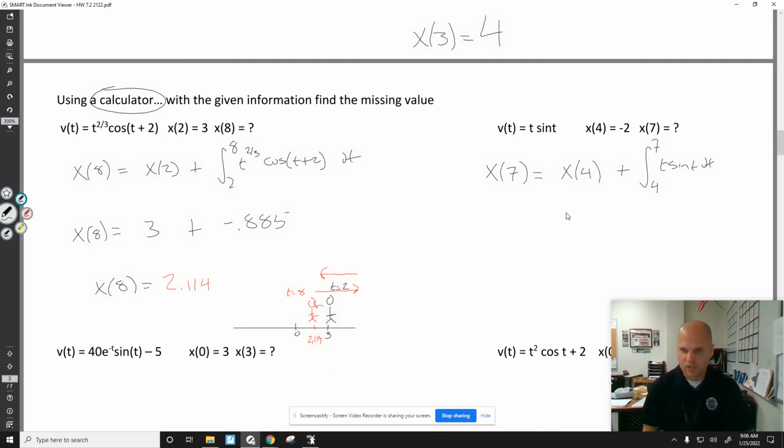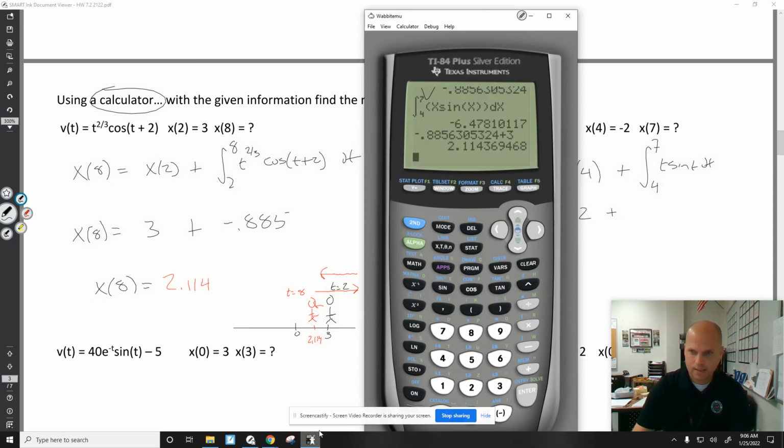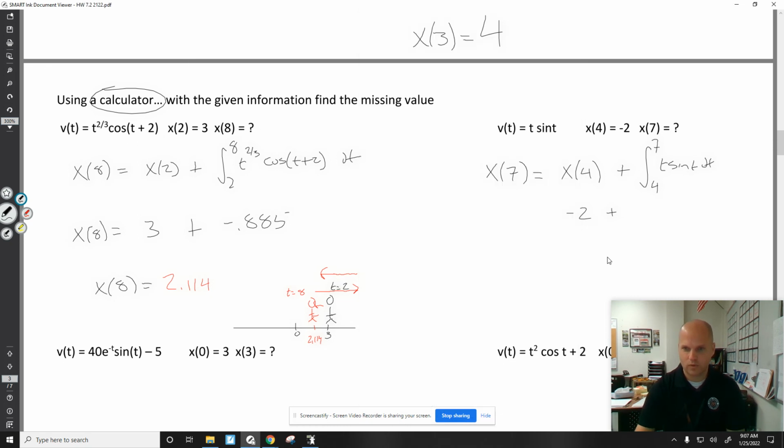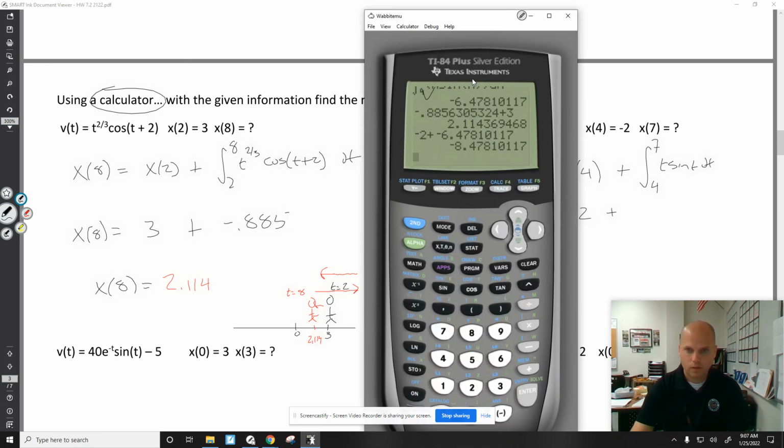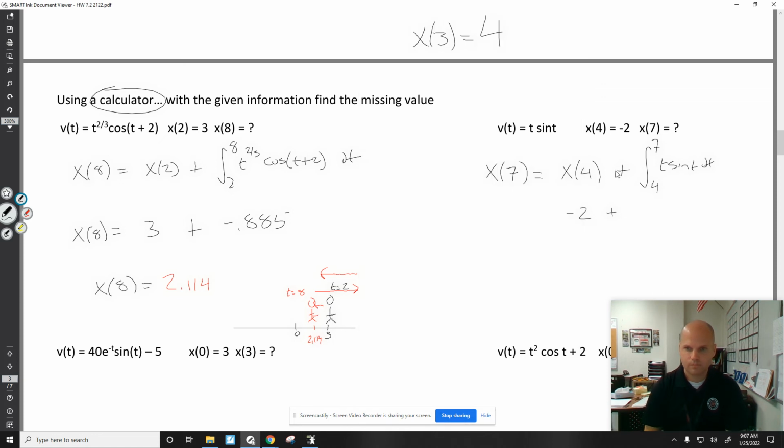I started at a position of -2 at the 4th second. I then add my displacement from 4 to 7, which was -6.478. I'll end up at a position of -8.478.